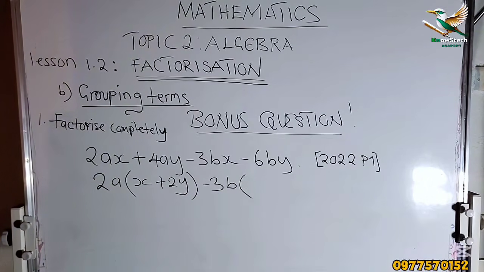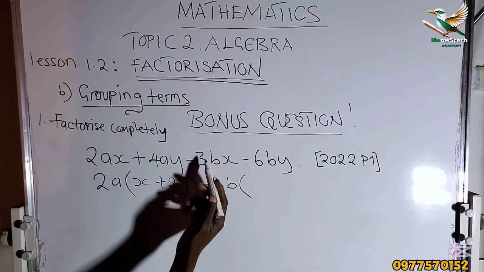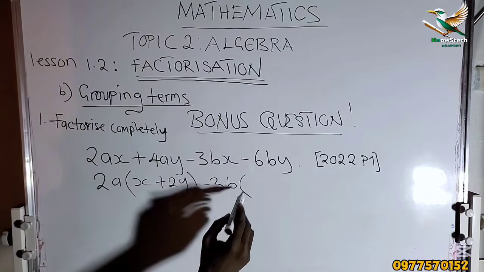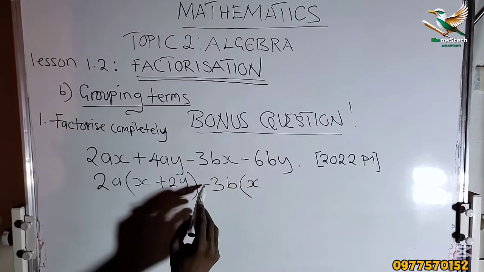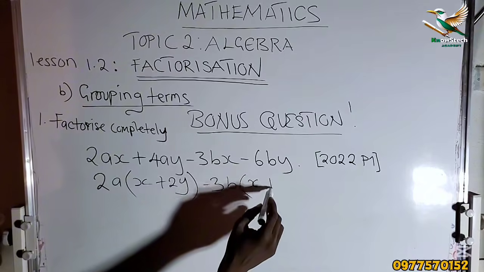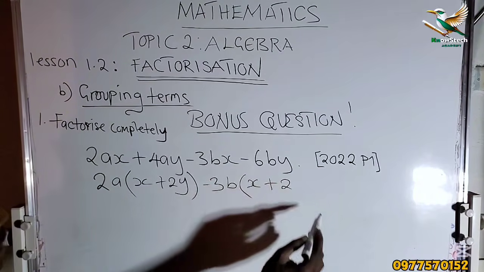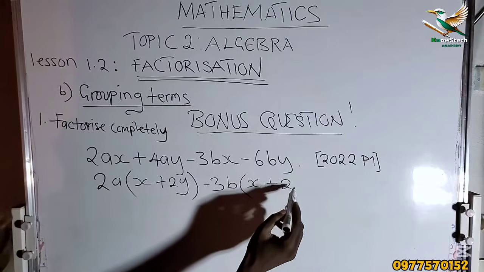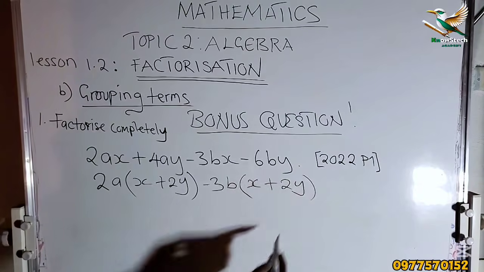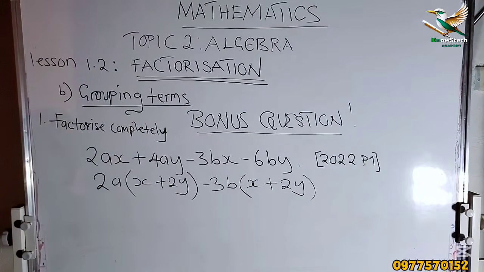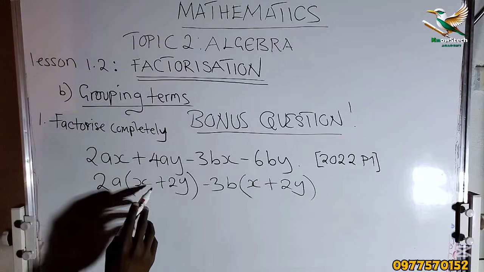Then this negative 3b and negative 3b will cancel, just remain with what? X. Negative is positive there. 3 into 6, it is 2 times b, and b will cancel, just remain with Y. You see? Then you write x plus 2y.